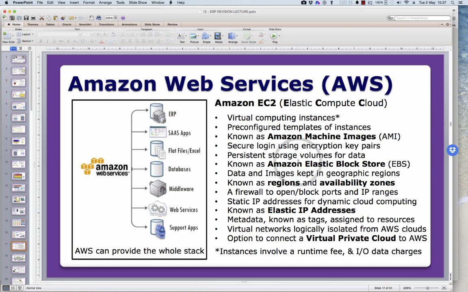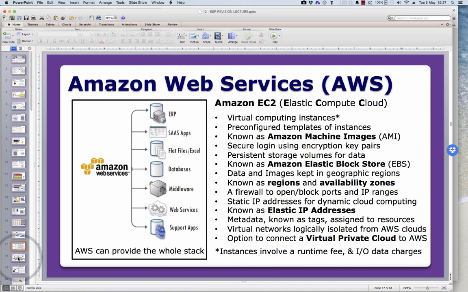You can also have an Amazon Elastic Block Store. This is a storage device, so you can either have a place to run applications or a place to put storage, and just have a look at the Amazon Web Services site and satisfy yourself what all these different options are, is probably the best thing.